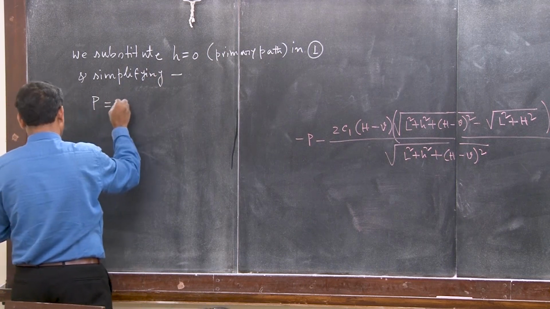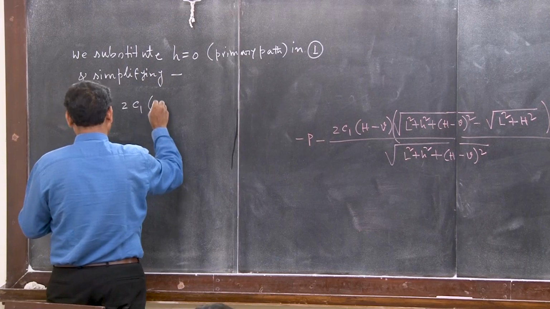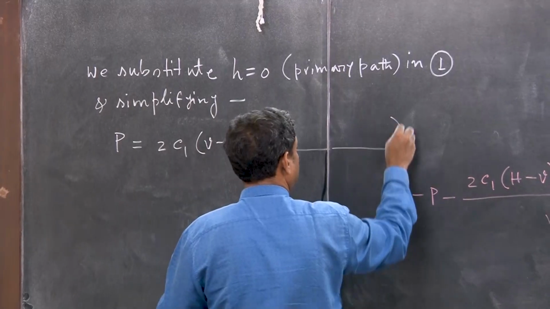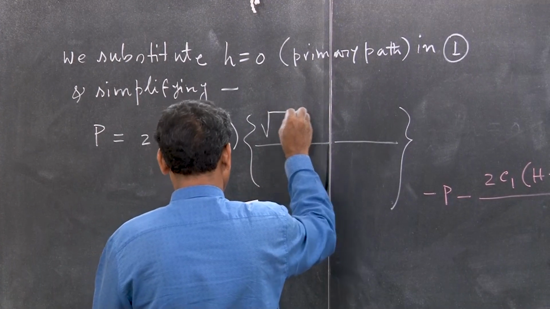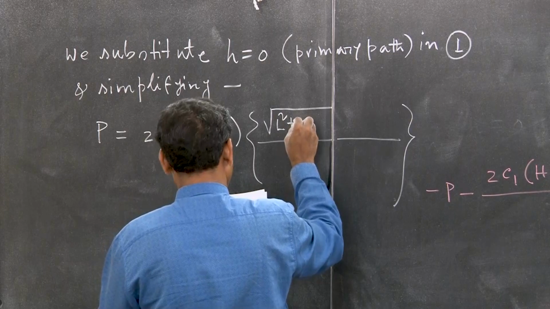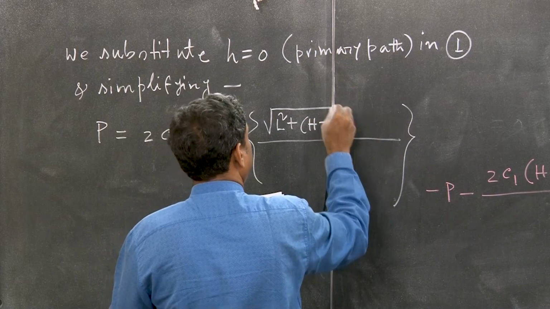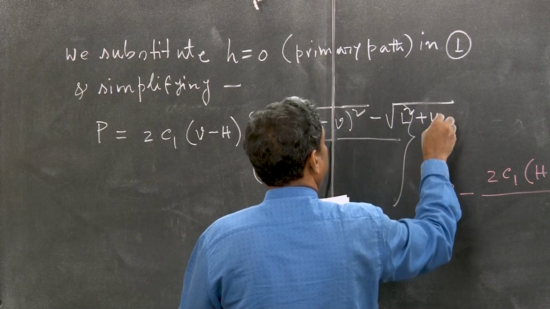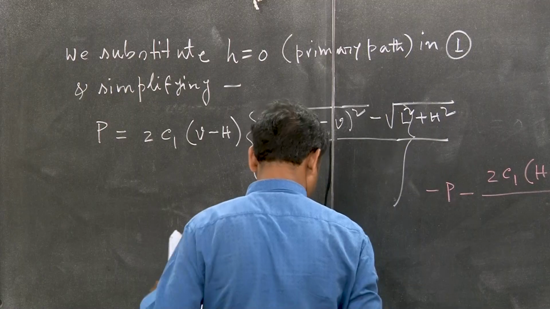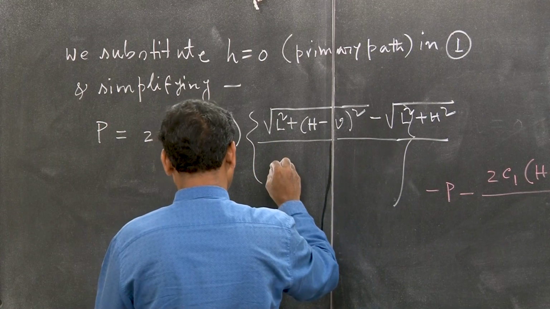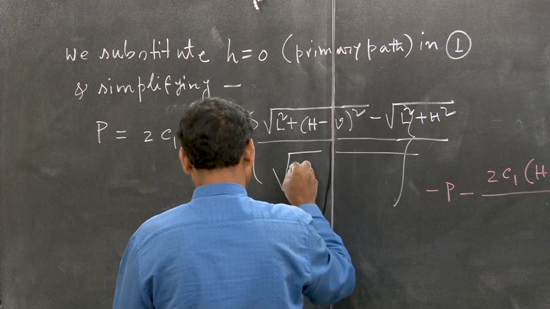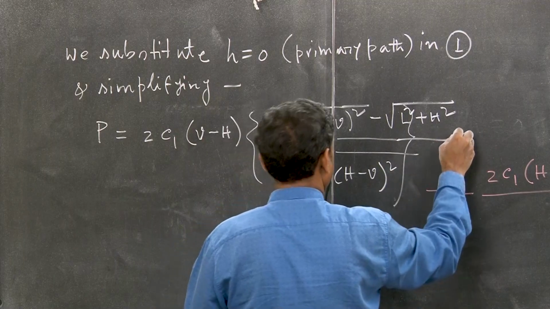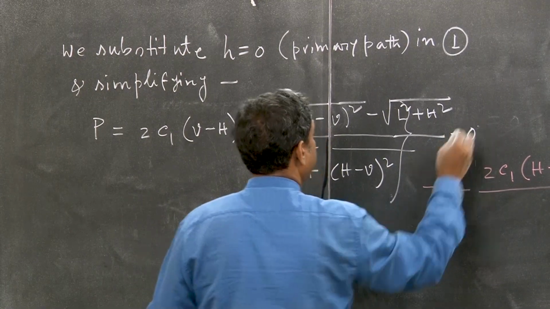we get P is equal to 2 C1 V minus H, root of L square plus H minus V, minus root of L square plus H square, and divided by root of L square plus H minus V square, is equal to 0.